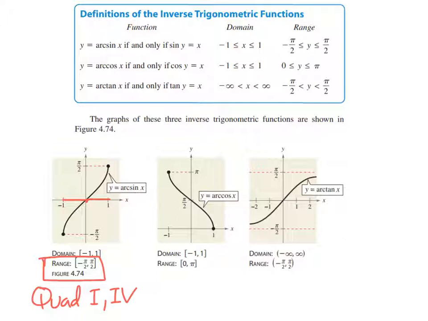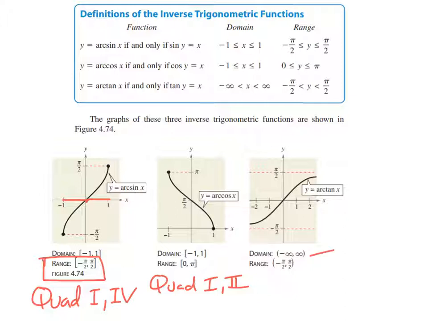Inverse cosine looks similar, except a little different. Notice it's got the same domain. The difference here is if you want to cover all of your cosine values, you'll get them in quadrants 1 and 2. Okay? It's the same idea. Cosine just works a little bit different.